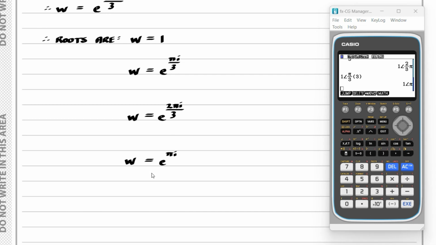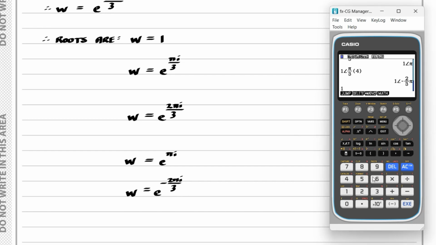So it turns out I have w equals pi i. Next, I've got 1. Then I've got my argument being pi over 3 multiplied by 4. So my next root is w equals e to the negative 2 pi i over 3.